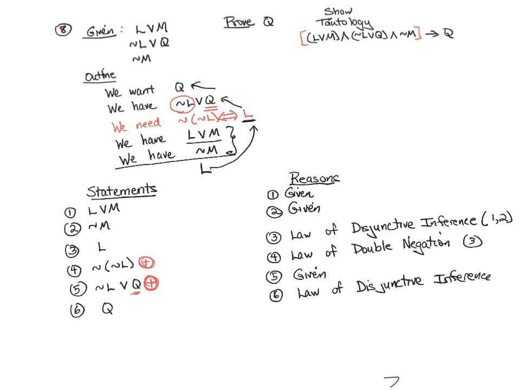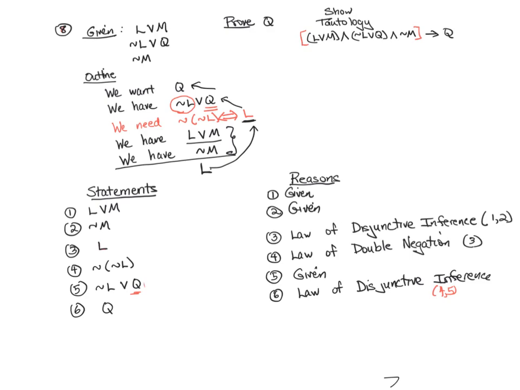So this is steps 4 and 5. And notice a lot of students skip this step, but in order to get L, we have to show that L is logically equivalent to the double negation of L. So we clearly show the reader that we're negating one of the disjuncts in the given disjunction to use the law of disjunctive inference. This would be a thorough proof.